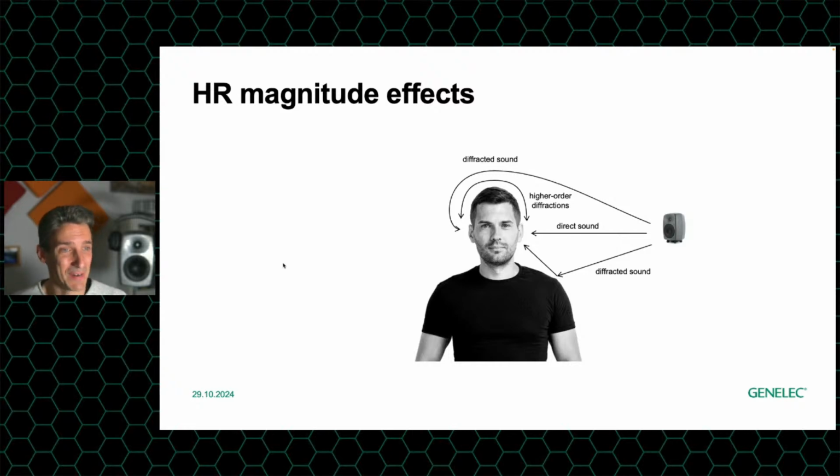And so, of course, direct sound reaches the left ear. Then we have parts of the sound that are diffracted, so they travel around the head and reach the other ear as well. For example, the shoulder is also getting some sound and reflecting it, and this is then also diffracted and reaching your ear. So a lot of things are already happening just by one speaker playing.